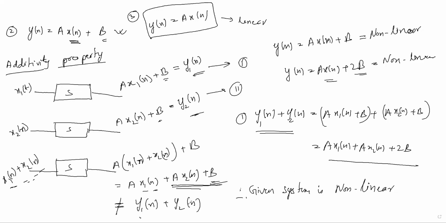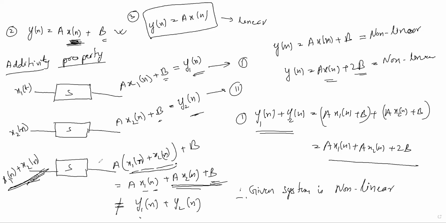Is it clear? Yes, sir. For the whole x of n, we are taking x of n equal to x1 of n plus x2 of n, right, sir? Yes. In this case, whatever input has come, we have to replace it in x of n, as given in the question. That's why we have replaced x of n with the input signal.